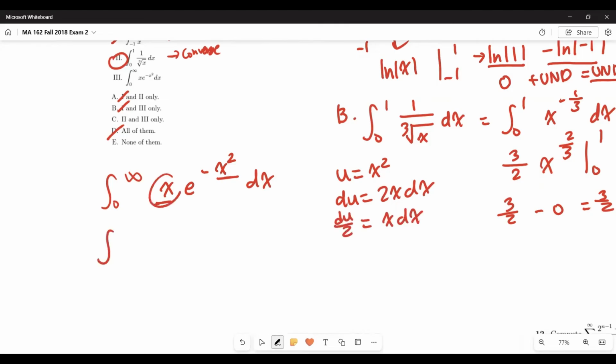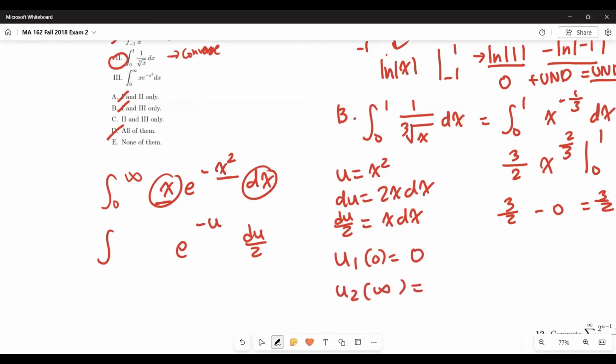Okay, so this thing becomes du over 2 times e to the negative u. I will write it again. u1 is 0, so it's going to be 0. u2 is infinity. Infinity squared is just infinity, so it's going to be 0 to infinity.